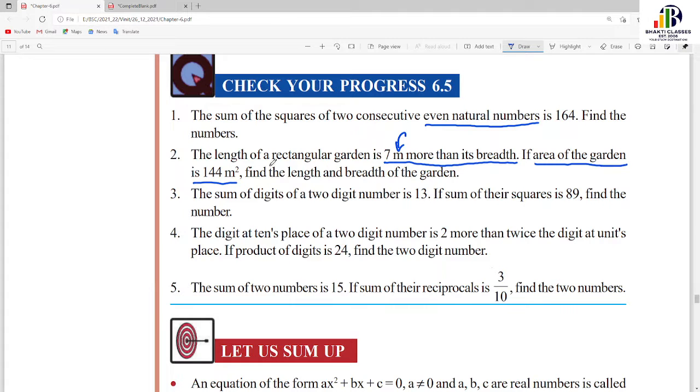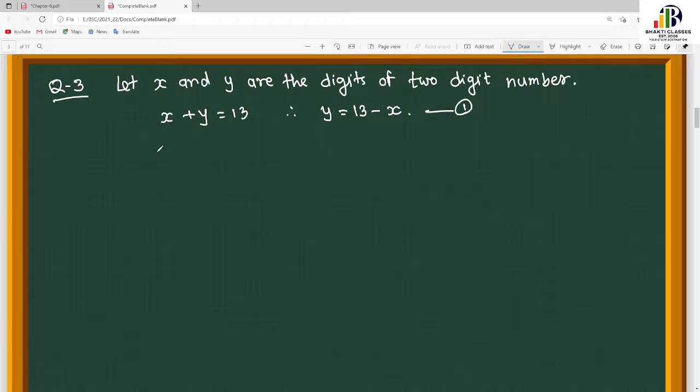Then they have told us that the sum of their squares is equal to 89. Therefore, x square plus y square is equal to 89.